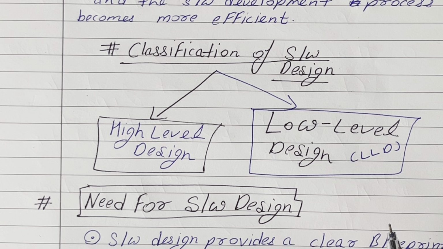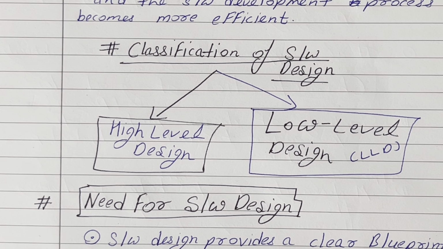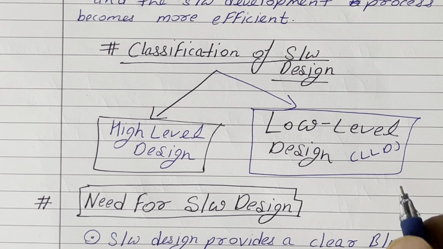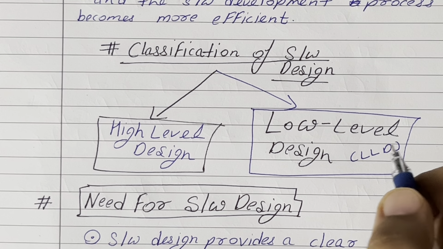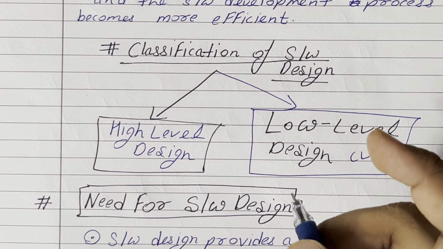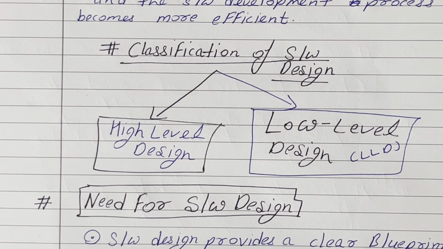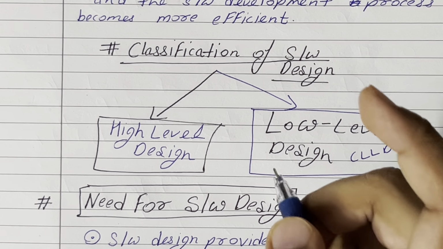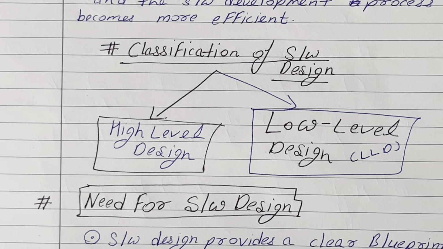Okay, and if we talk about its purpose, remember that the primary purpose of low level design is to provide developers with a detailed implementation plan before the coding begins, and it eliminates ambiguity by clearly defining how every module should function internally.